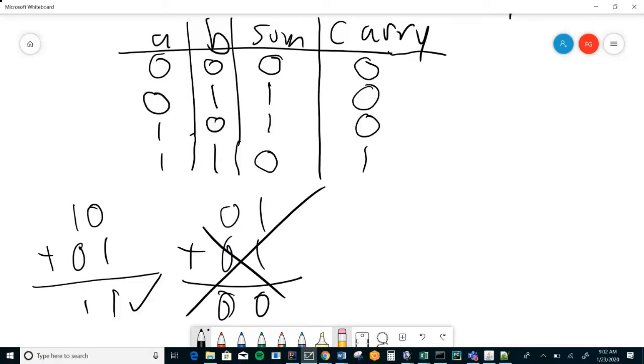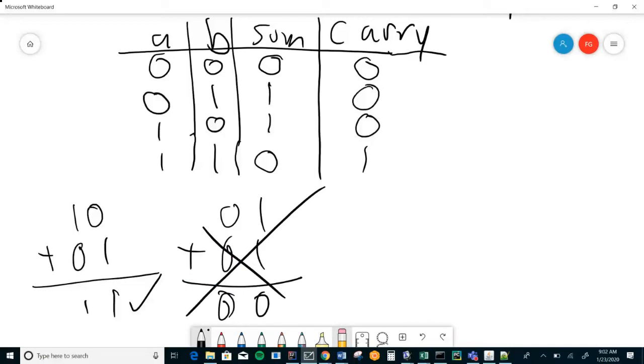So what we need is to observe, for that rightmost digit, the half adder is okay. But for all the other digits, what we need is a way to incorporate this carry value from the previous computation and allow that carry value somehow to propagate leftward as we complete the addition process. Everybody with me there? Cool.